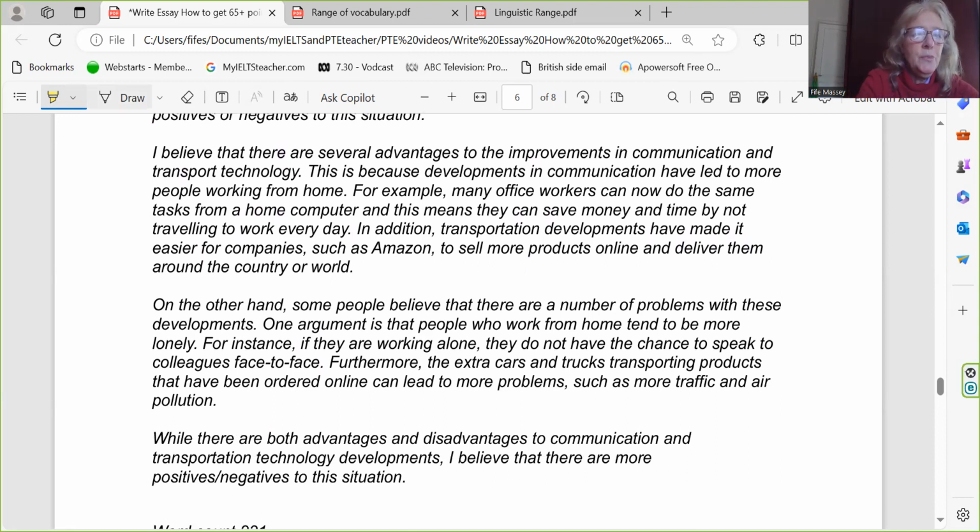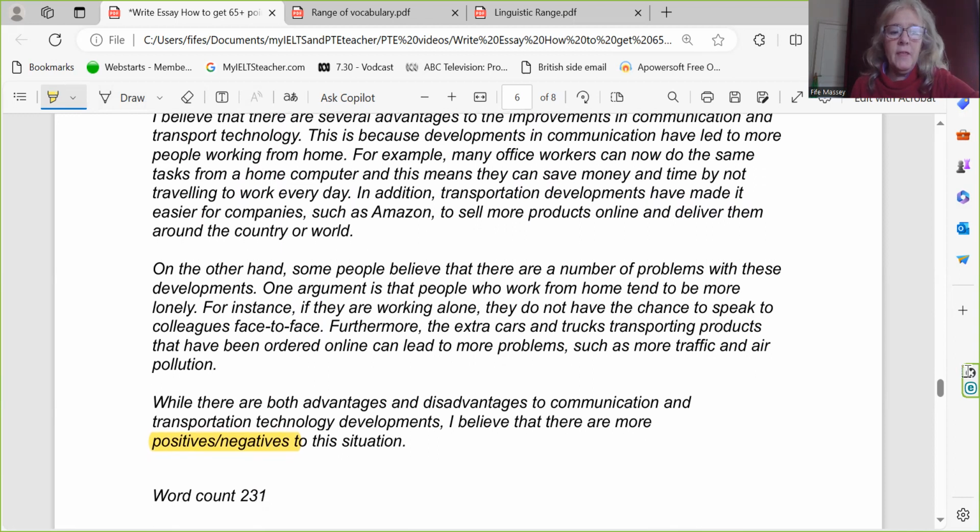And you just need to be sure that you decide in that final sentence now that you've written your whole essay, what do you think? What do you believe? Are there more positives or are there more negatives? Choose one of those words to complete your essay. And then you'll see there, we have a word count of 231. We have to fall between 200 and 300 words for the PTE essay, and that's done it perfectly.